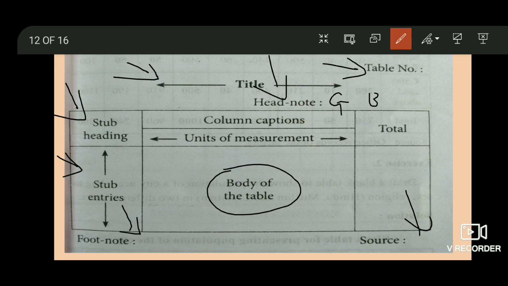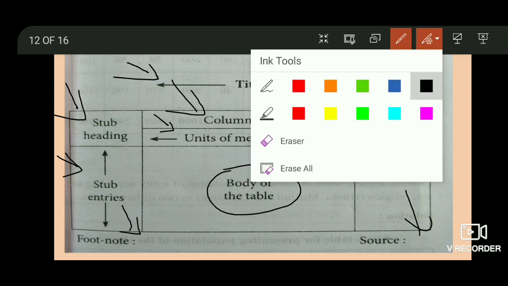The data should be arranged in a logical order so that it helps in comparison. So here the column headings are written, and here the row headings are written, and in case units of measurements are required, those are written over here. So this is the general format of a table.